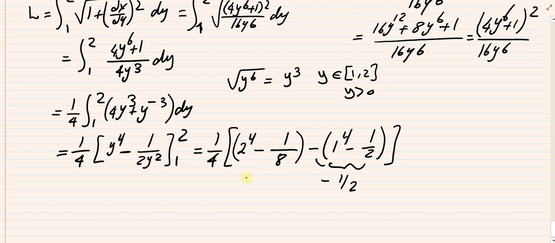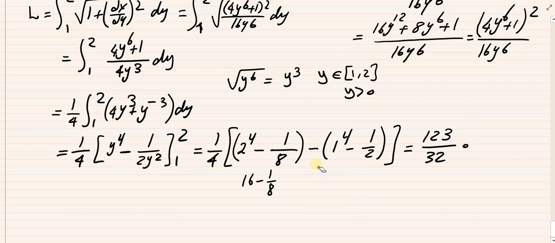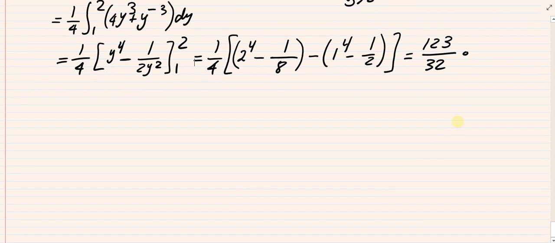And the first parentheses is 16 minus an 8, 16 minus an 8 minus 1/2. So the whole thing, when I did it, you should get 123 over 32. Okay, that's working the details of the arithmetic of those numbers. All right, so there is number 10.